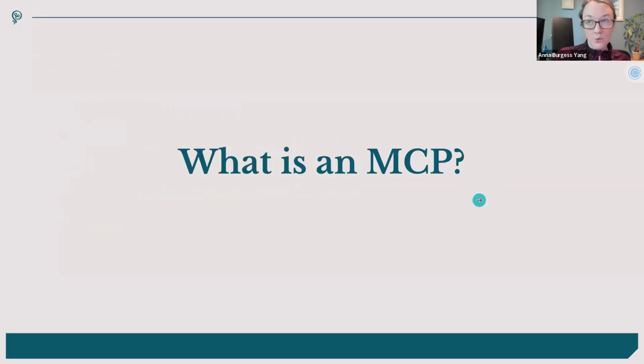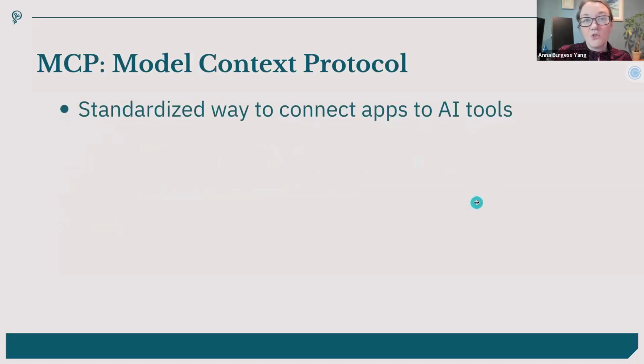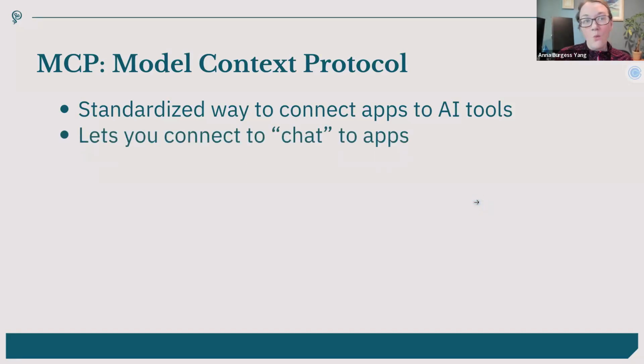So very quickly to get started, we're going to talk about what is an MCP. MCP is Model Context Protocol, which is a fancy way of saying it is a standardized way to connect apps that you're already using to AI tools. And so what that does is it lets you basically chat within your AI tool with apps.